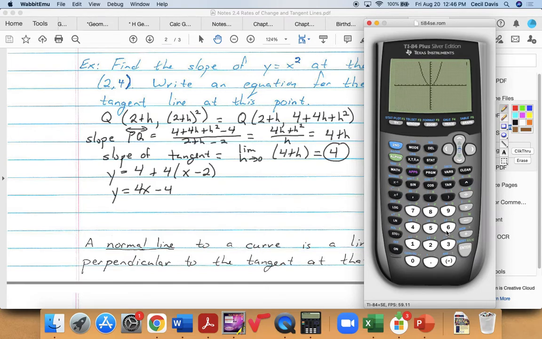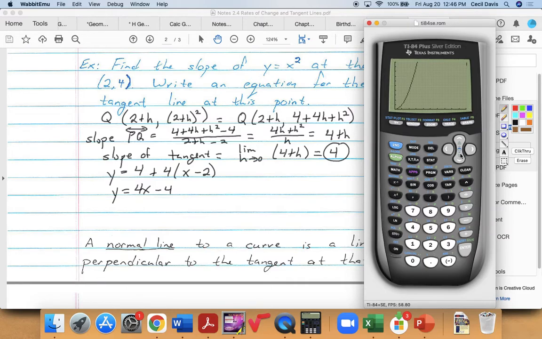So here's my parabola, and there's the line. And it's a little bit hard to see because I'm a little too far out here. So I'm going to set my left and bottom to be 0 so I can see this a little bit better. So my x minimum is set to be 0, and my y minimum also 0.